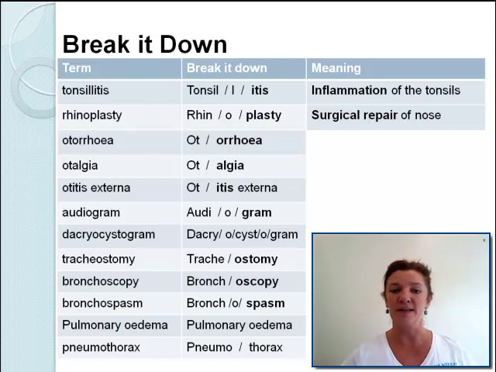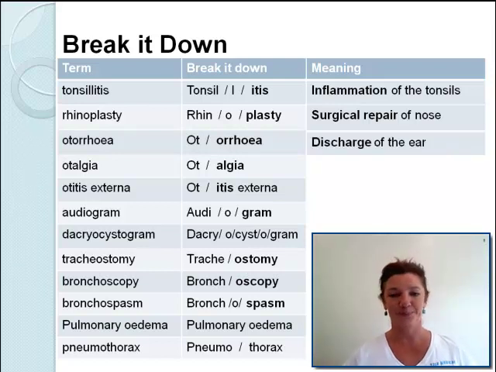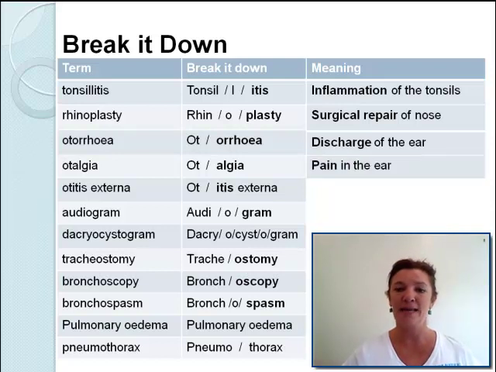Otorrhea, orrhea is our suffix, and orrhea means discharge or flow, so it would be a discharge from the ear. Otalgia, algia means pain, so otalgia is pain in the ear.